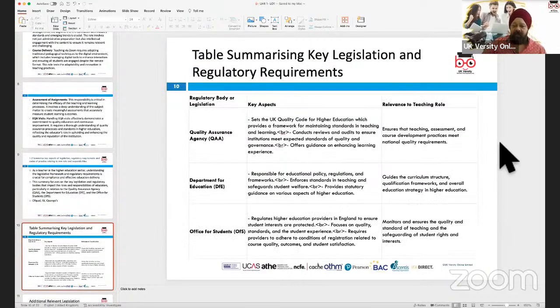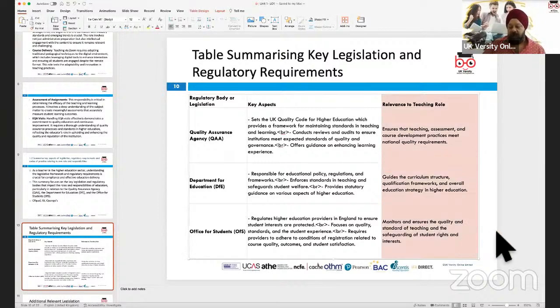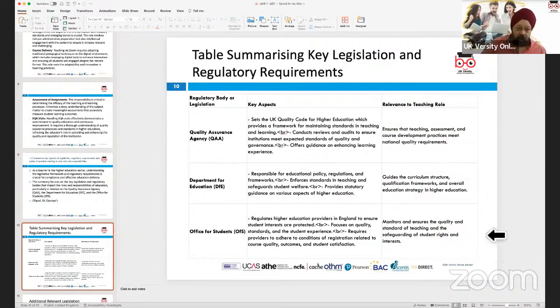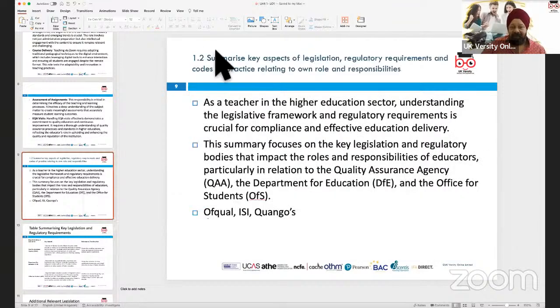And again, because this is like a can of worms, there is so much to talk about, what I've done is I've created a bit of a table, and what I've said is, okay, these are the key standards which these bodies prescribe, and they are relevant to my teaching role in this way. So again, in order to address this particular assessment criteria, it says summarize.